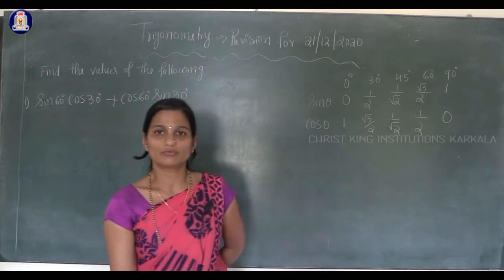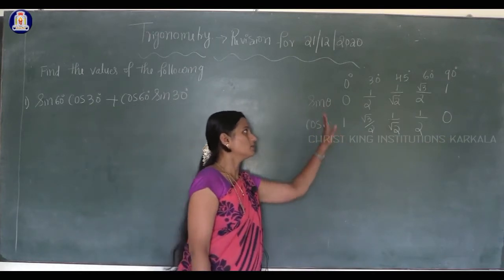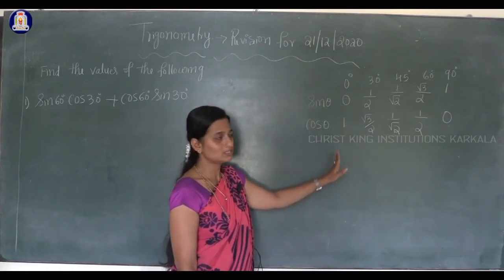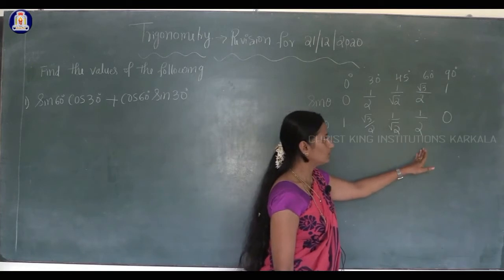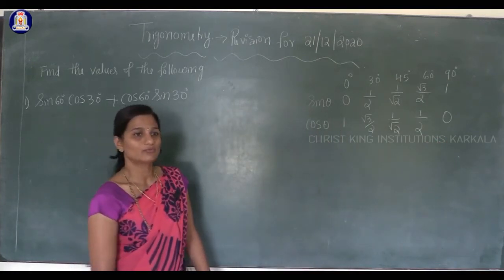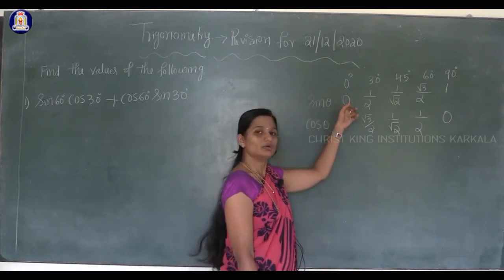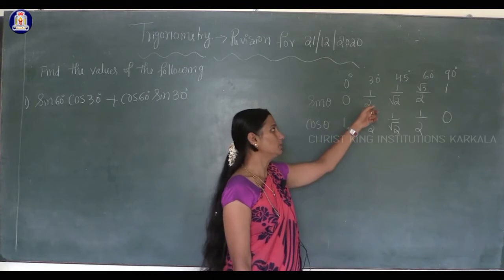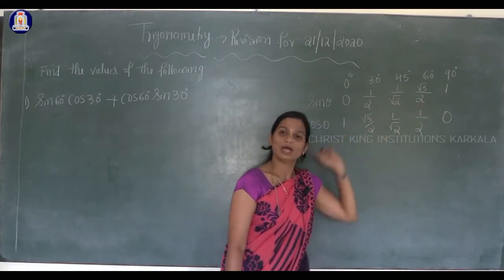Next, what is the value of tan? How to find the tan value? It is sin divided by cos. 0 divided by 1 is 0, then 1 by root 3, 1, root 3, infinity. Next, cosecant is the reciprocal of sine. The reciprocal of 0 is infinity, then 2, root 2, 2 divided by root 3, and 1.